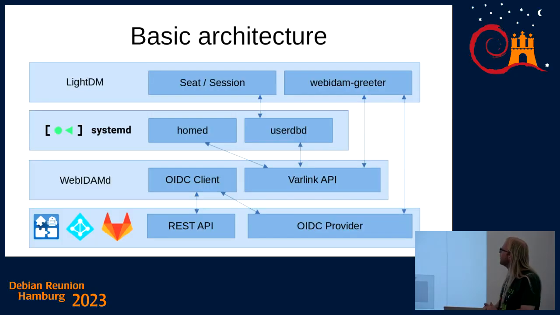So in graphical terms, this is somewhat how it looks. Everything except the WebIDMD row is already there. We get things talking to userdbd, and userdbd then takes care of hooking into WebIDMD, and WebIDMD doing all the heavy lifting to talk to a web application. And I again placed some examples at the bottom.